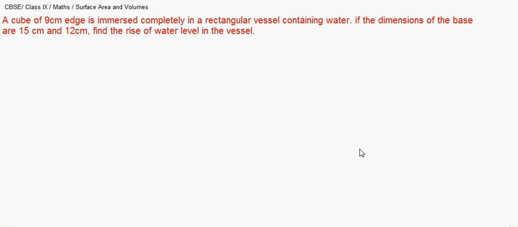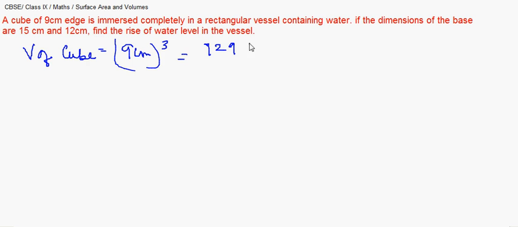So the volume of water which rises will be the volume of the cube which is being immersed. Let's calculate first the volume of the cube. It has edge 9 centimeter, so 9 cube makes 729 centimeter cube.